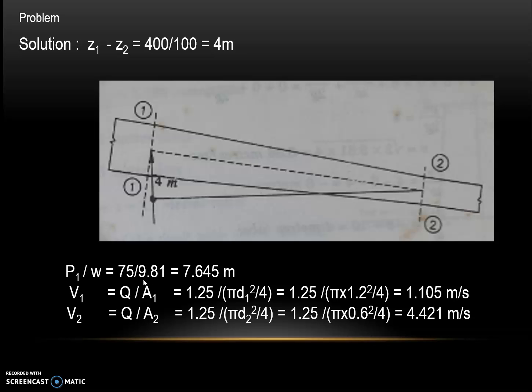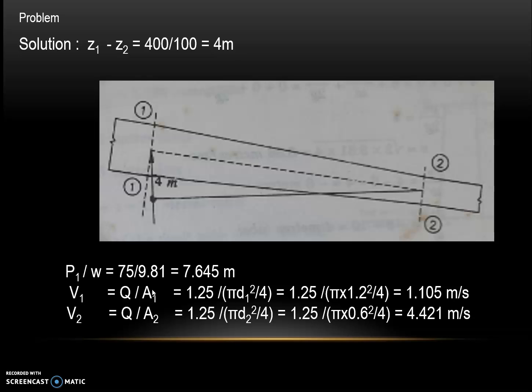In that case, W will be 9810. But here both the terms are not written in terms of Newton, but they are in terms of kilonewton. So 75 kilonewton per meter square divided by 9.81 kilonewton per cubic meter will give us the value as 7.645 meter.